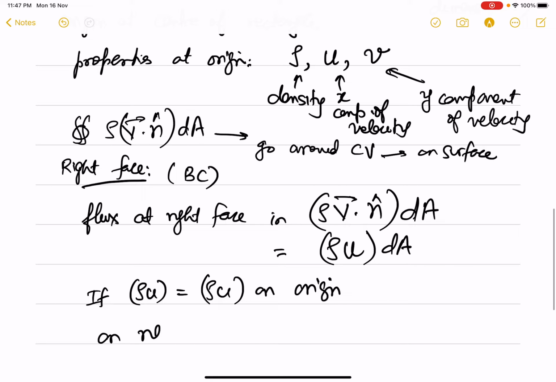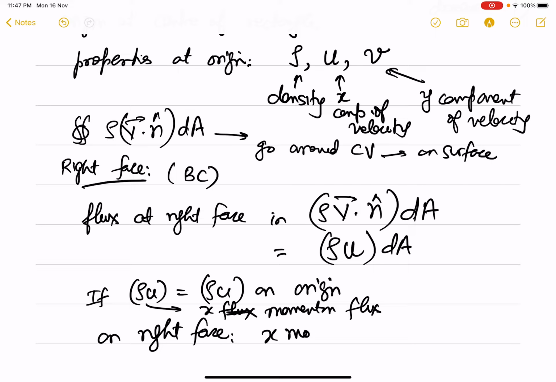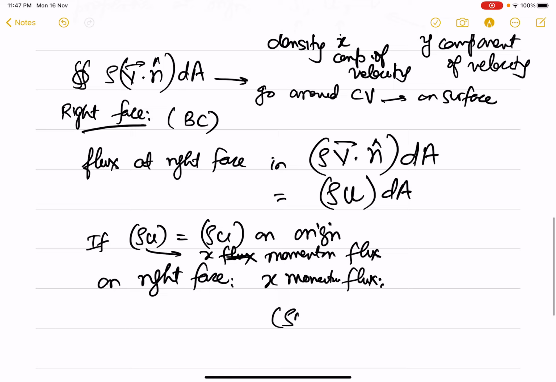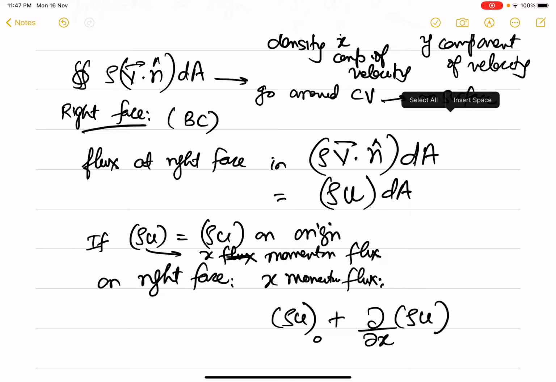On the right face, the x momentum flux will be, and once again we use a Taylor series expansion, rho u at 0 plus partial by partial x of rho u multiplied by delta x by 2.